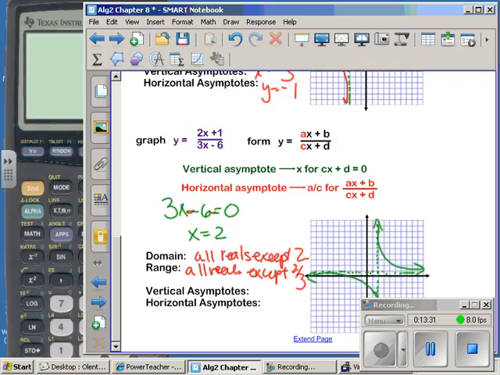Okay? The vertical asymptote would be, what's the equation of that line? X equals 2. What's the horizontal asymptote? 2/3. Y equals 2/3. Remember, it has to be the equation of a line.